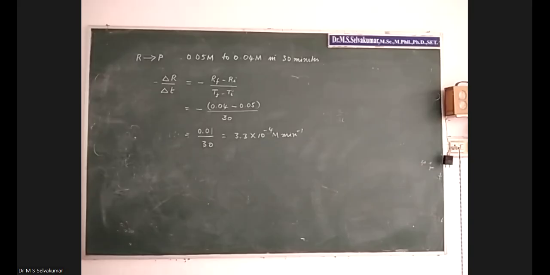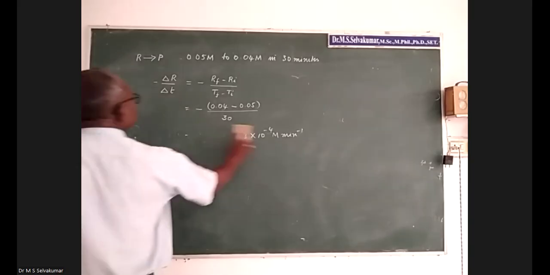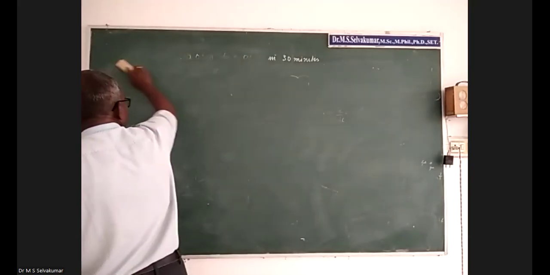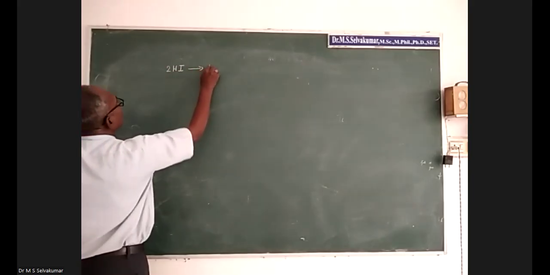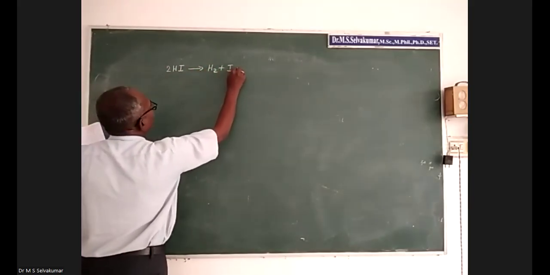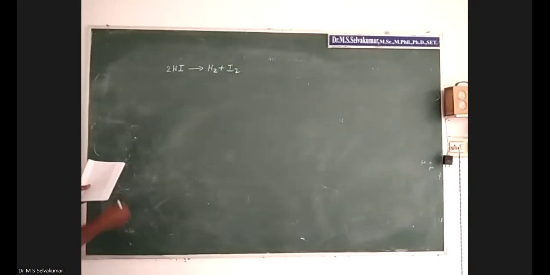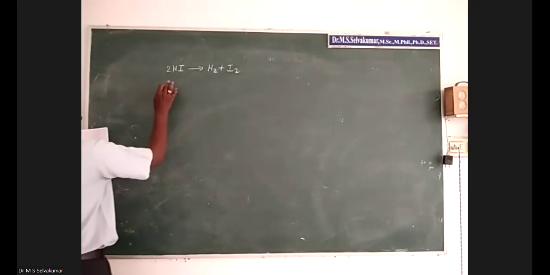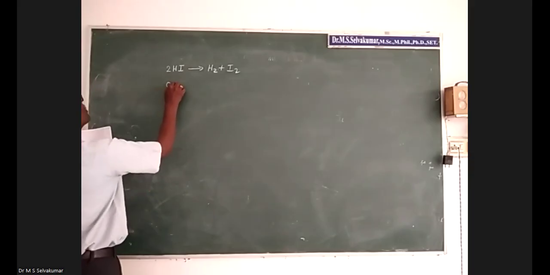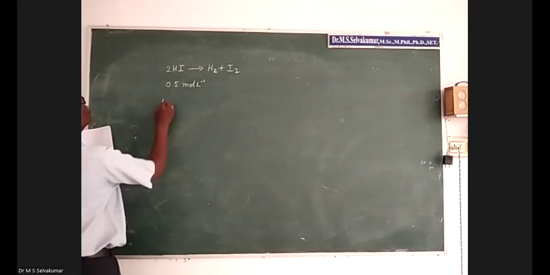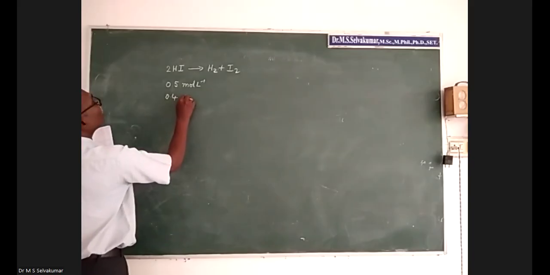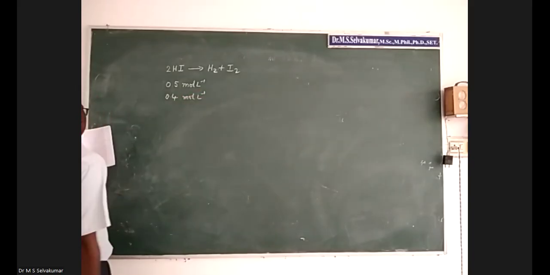So the next problem. In a reaction, 2HI giving H2 plus I2, the concentration of HI decreases from 0.5 mole per liter to 0.4 mole per liter in 10 minutes.